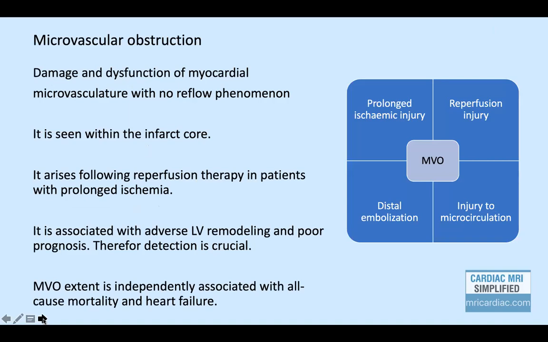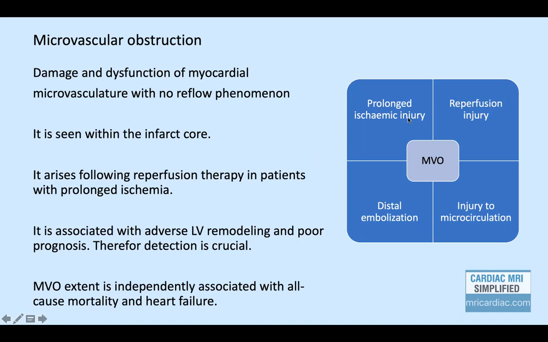Microvascular obstruction represents damage and dysfunction of myocardial vasculature with no reflow phenomenon, and it is seen within the infarct core. It arises following reperfusion therapy in patients with prolonged ischemia. So whenever the ischemia lasts for a longer time and reperfusion happens either naturally or iatrogenically, there are high chances that MVO happens.